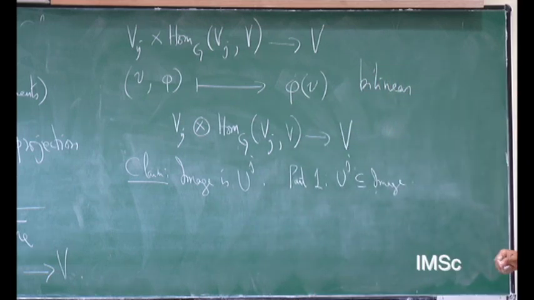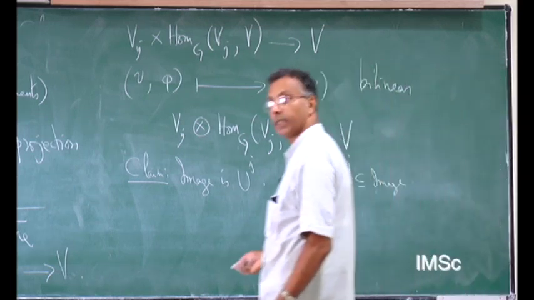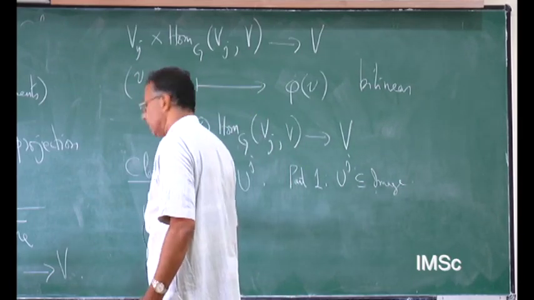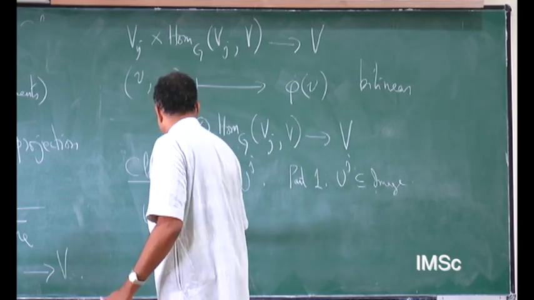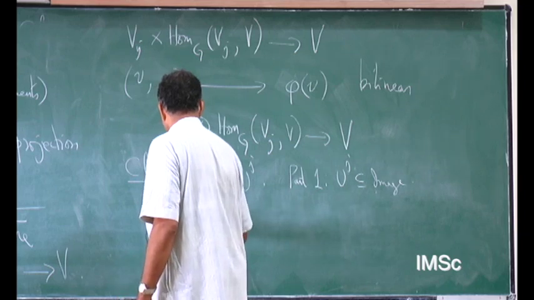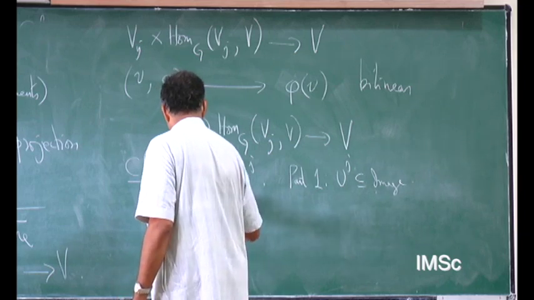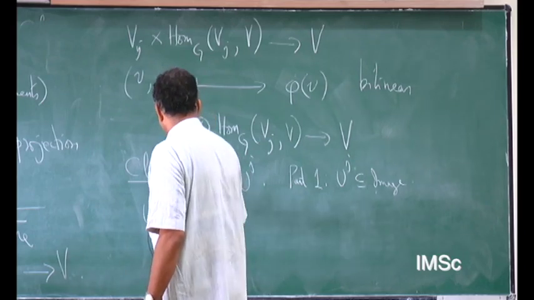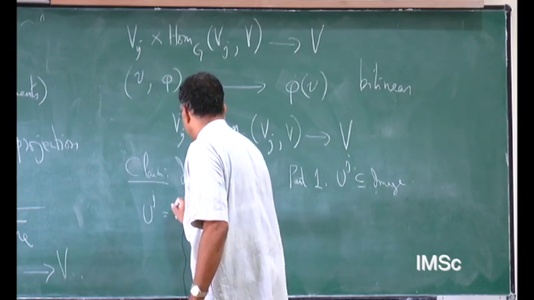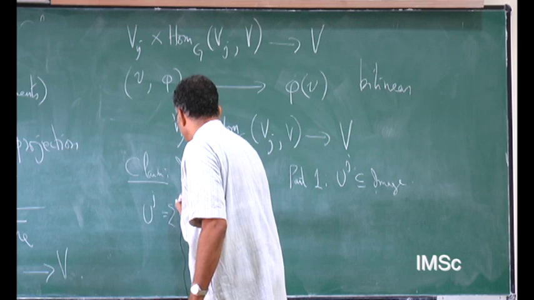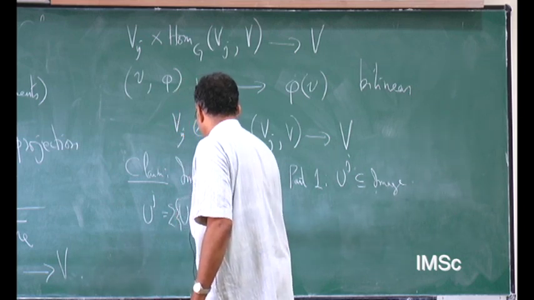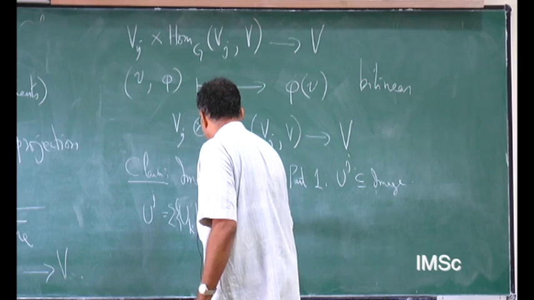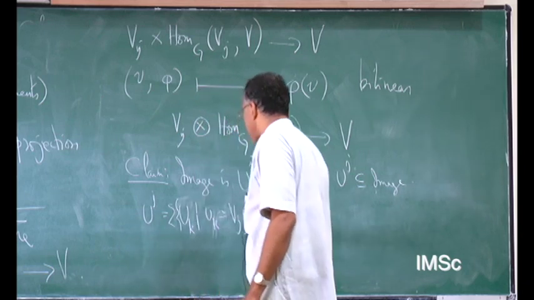How do I show U upper j is contained in the image? Well, what is U upper j? U upper j is a direct sum of the U sub k such that U sub k is isomorphic to V sub j.